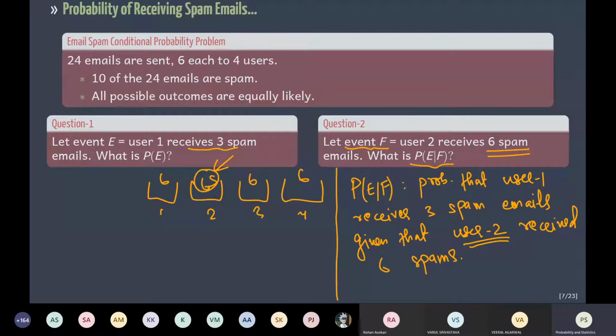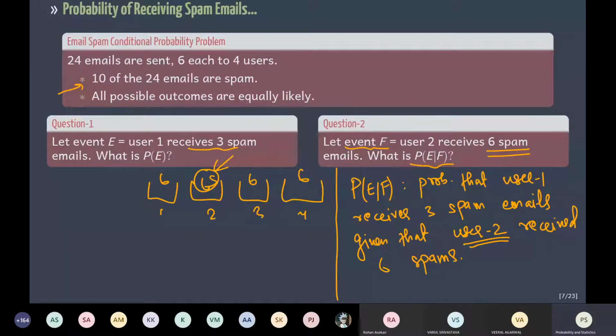I'm sure now that 6 spams went there. So these 6 spam emails can be reduced from the initial spam count. Earlier we were given that 10 of the 24 emails are spam.